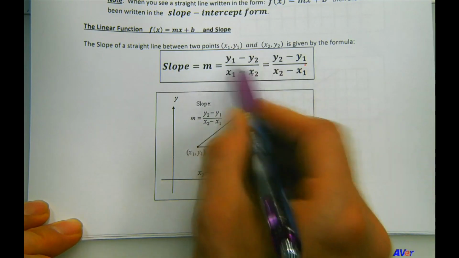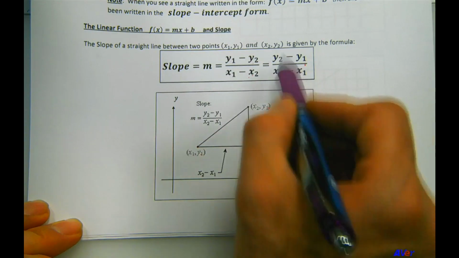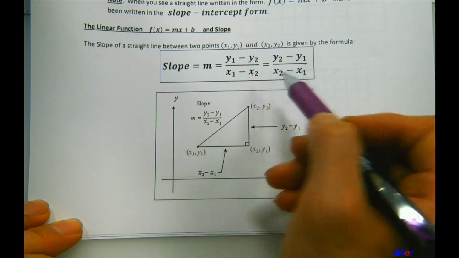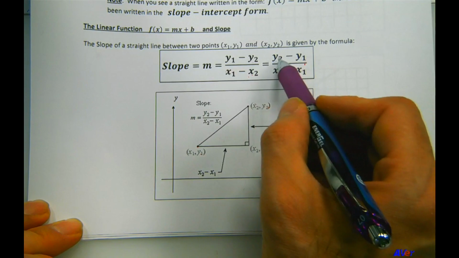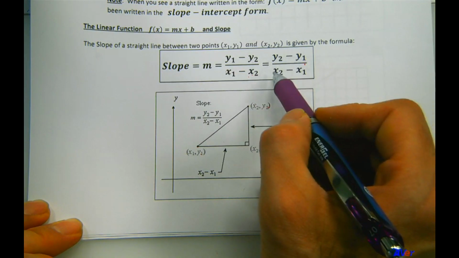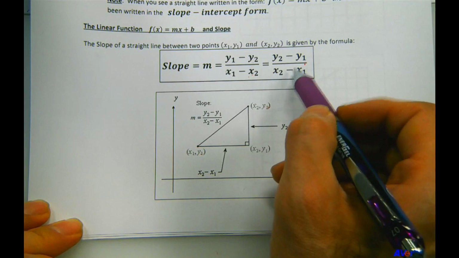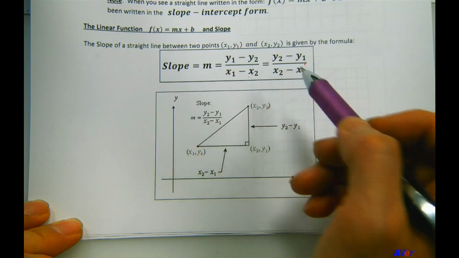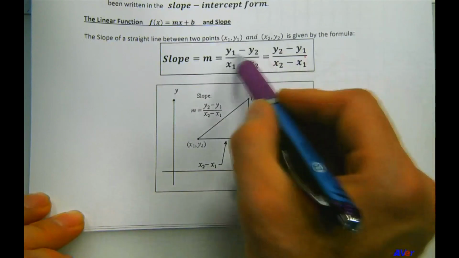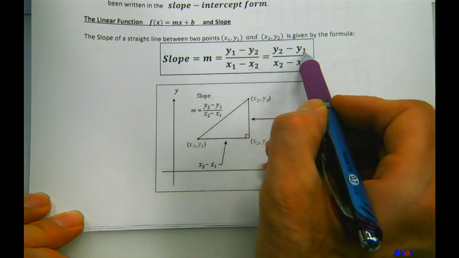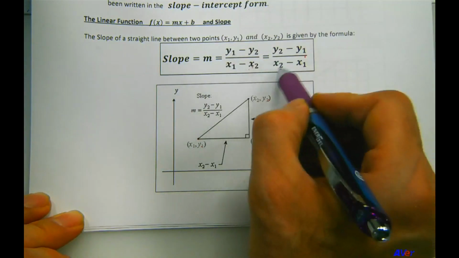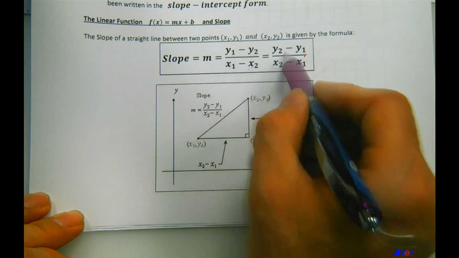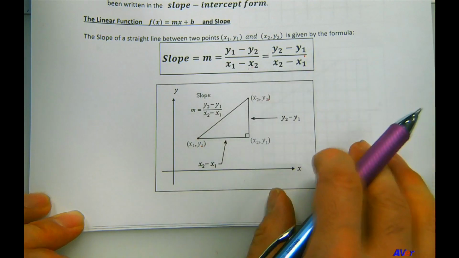That's why I have here y2 minus y1 divided by x2 minus x1. I'm not able to say y2 minus y1 and then x1 minus x2. We cannot calculate this. You'll get an incorrect value for the slope. So you can say y1 minus y2 or y2 minus y1 as long as you remember that the order of subtraction must stay the same for the x components in the denominator.